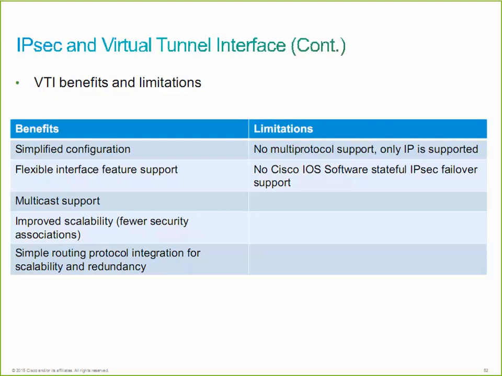In addition, in Cisco IOS software, stateful failover isn't supported with IPsec VTIs. We can have multiple tunnels, right? And we can rely on our dynamic routing protocols to provide us that functionality through the dynamic routing process, but it doesn't actually fail over like we can do with native IPsec tunnels.